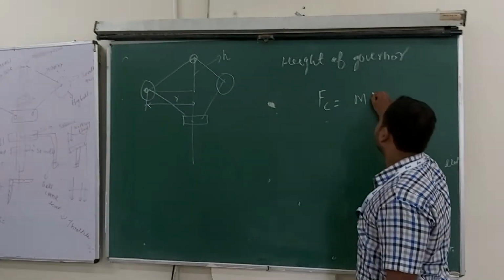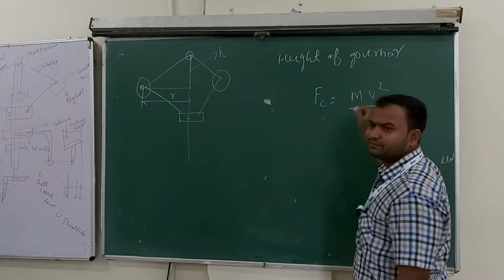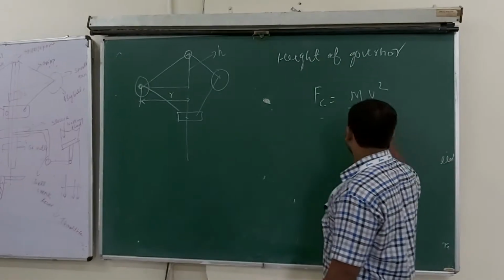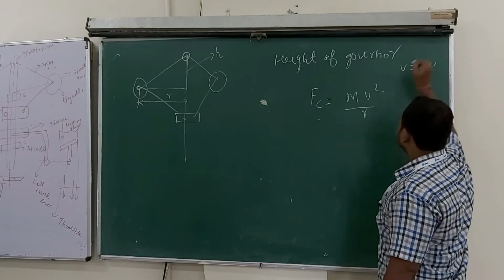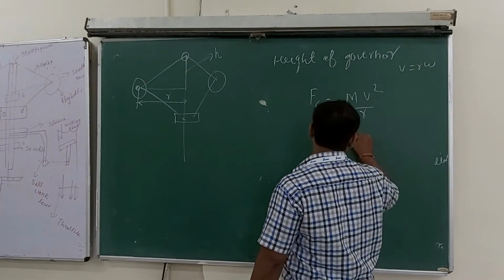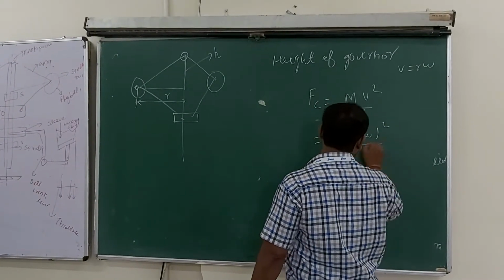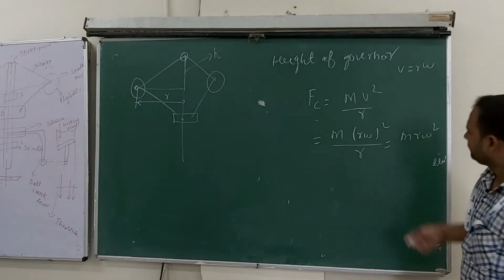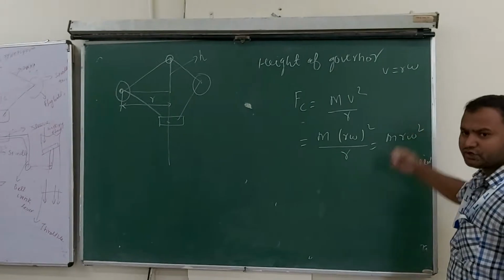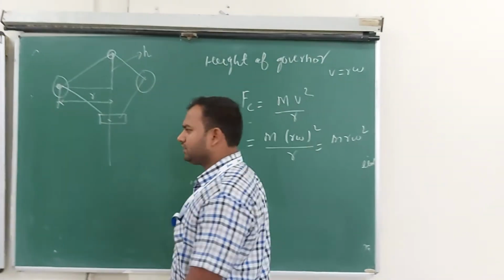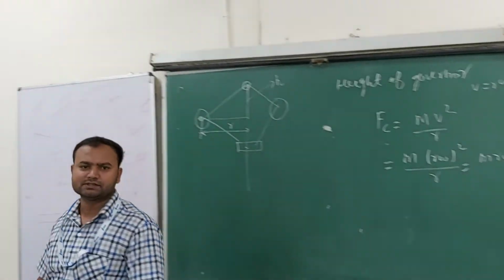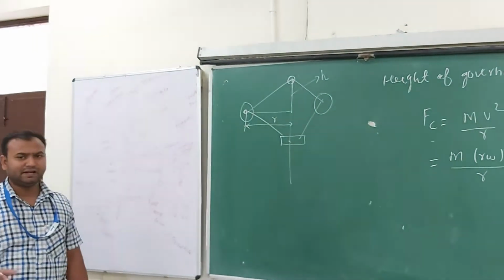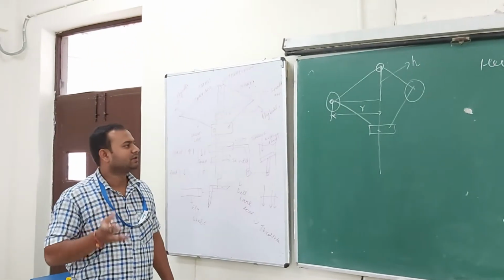Centrifugal force is mv square by r, and since v equals r omega, it becomes m(r omega) the whole square upon r, that is m r omega square. So when the radius of rotation increases, the centrifugal force increases. The radius of rotation plays an important role here.